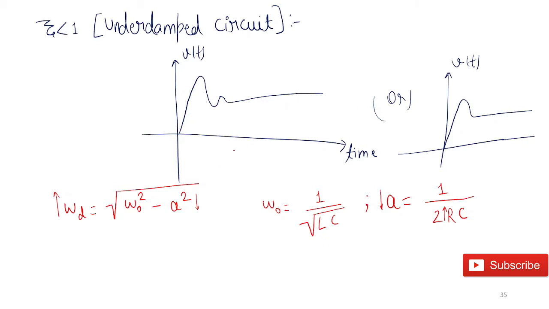Okay, so omega d is the damped frequency, equal to square root of omega naught squared minus a squared. Omega naught is the natural frequency, in radians per second, equal to 1 over the square root of L and C, and a equal to 1 by 2RC.